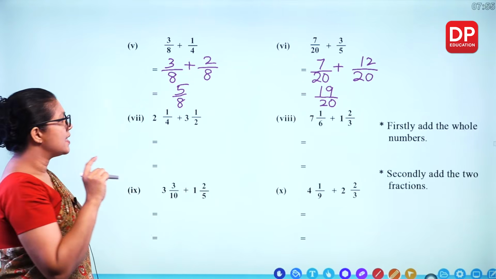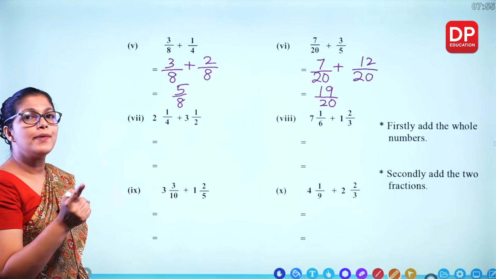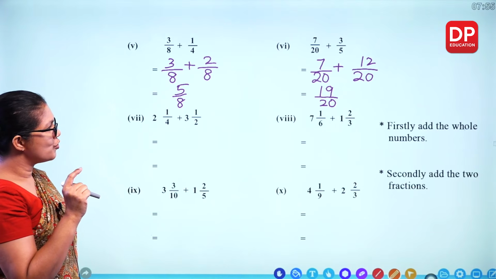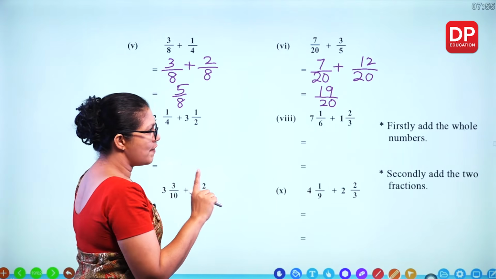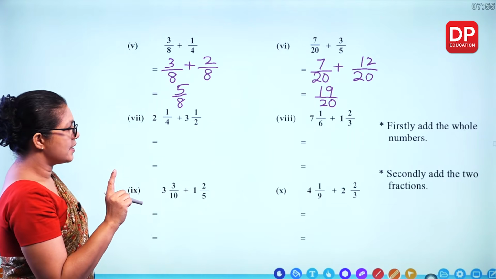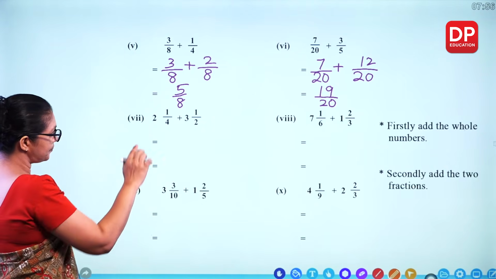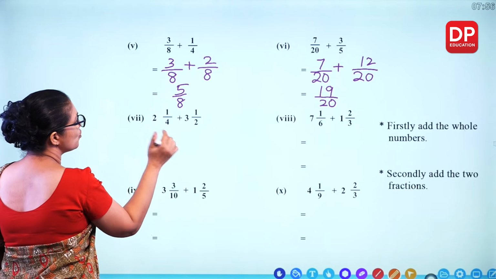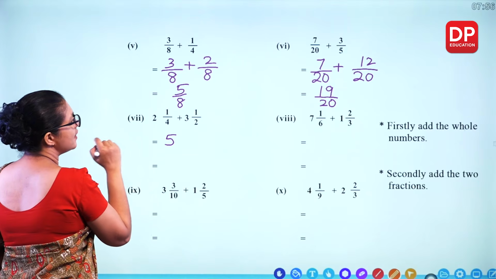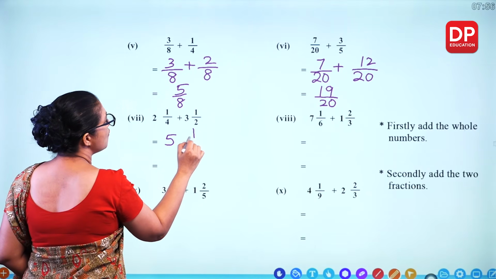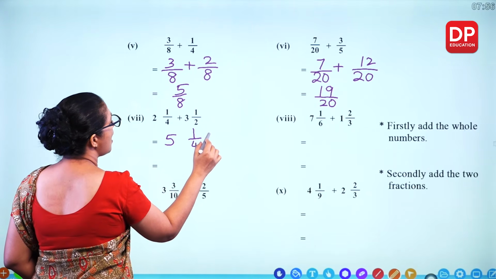Now what happens here? You get mixed numbers addition. So what do you do when you have mixed numbers? First, add the whole numbers. And then secondly, add the two fractions. 3 plus 2, 5. Then you add 1/4 and a half.